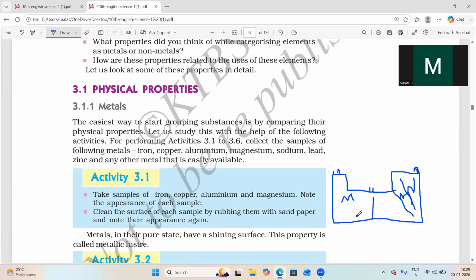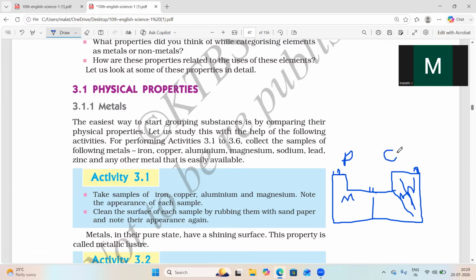Physical properties mean how they look, how they behave, how they conduct electricity, how we feel them. And chemical properties are based on how they react in chemical reactions.